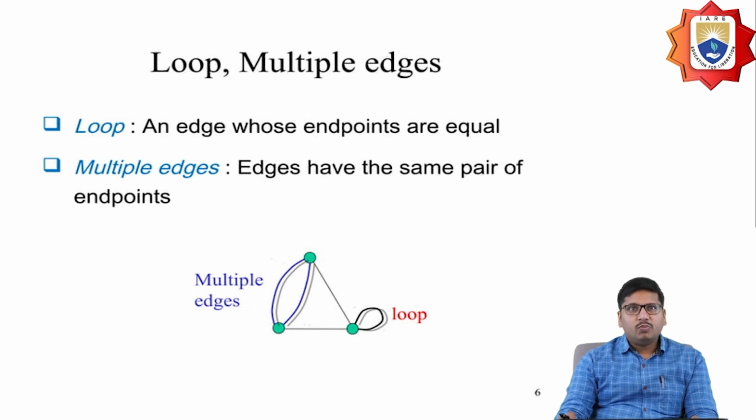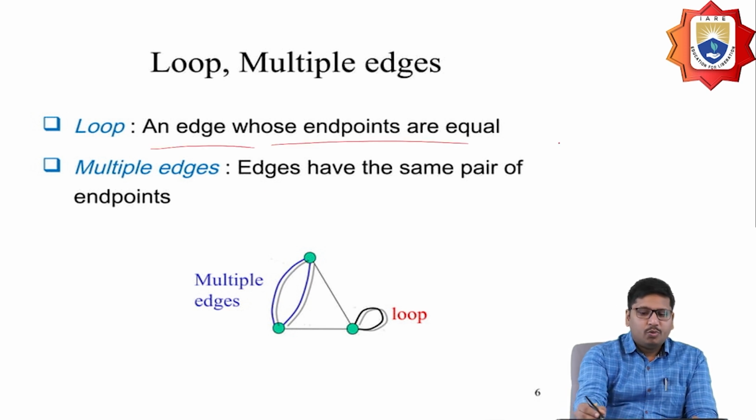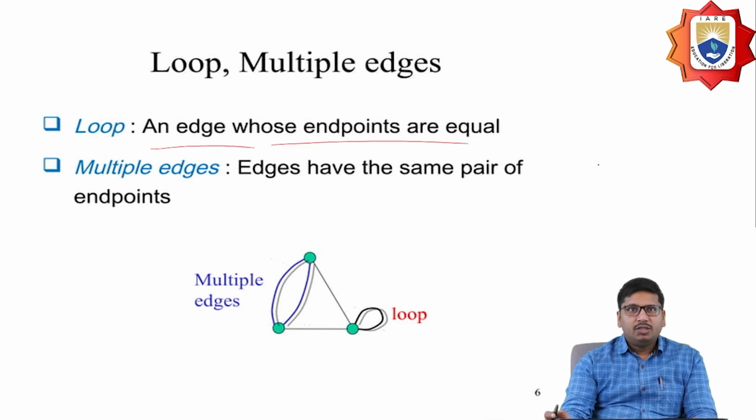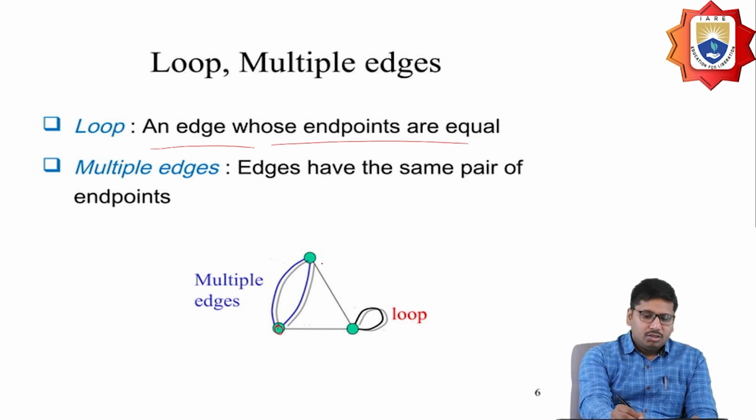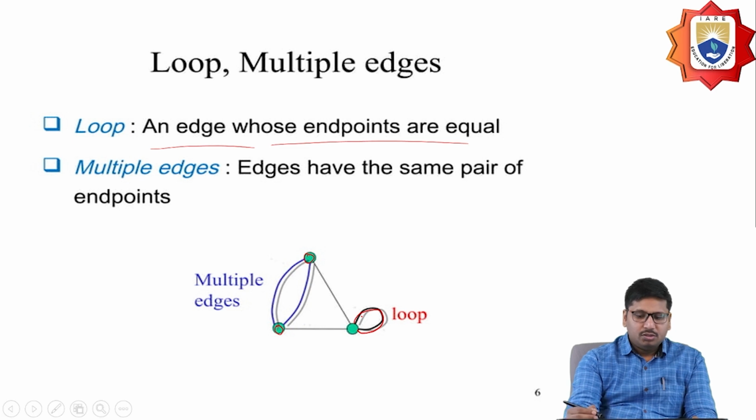And what is a loop and what are multiple edges? A loop is an edge whose endpoints are equal. Here the endpoints of the edge are equal, so it is considered a loop.